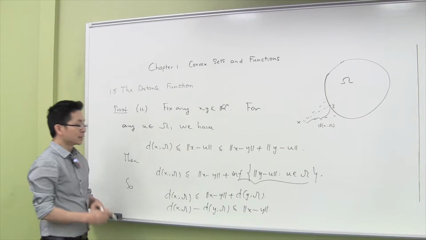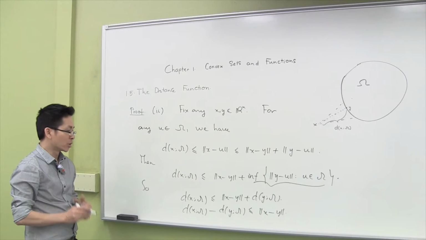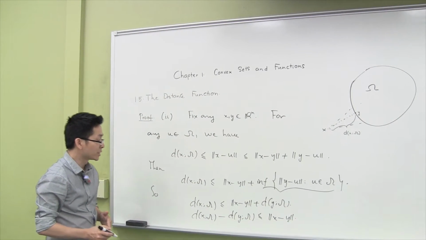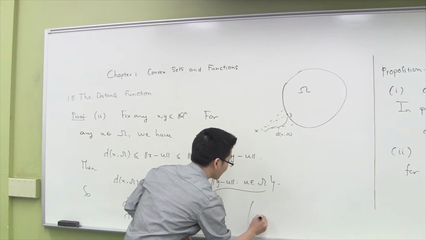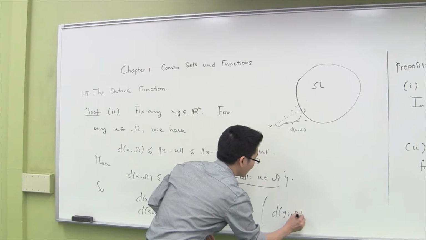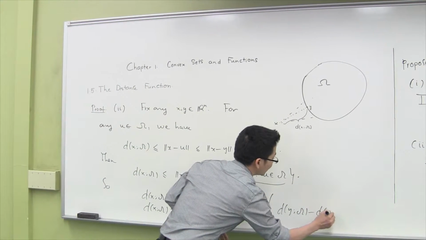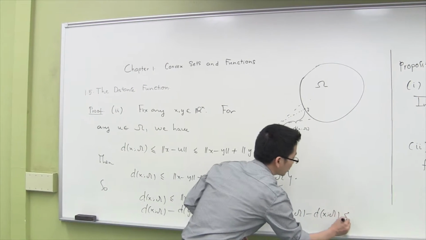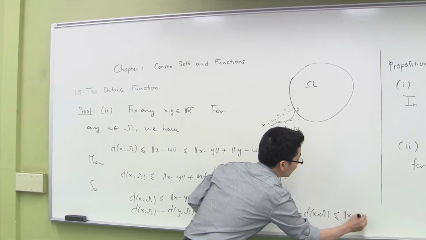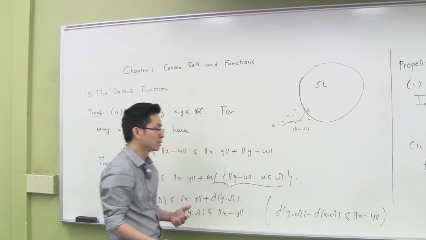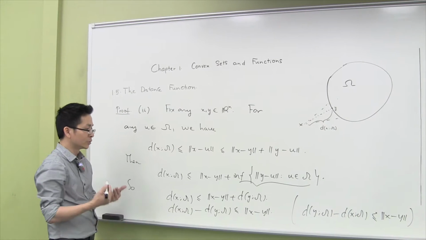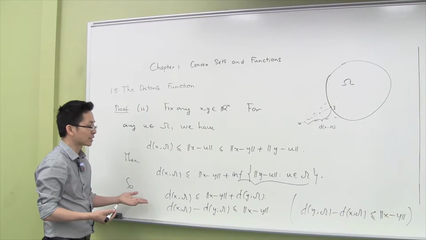Okay. Now, by interchanging the roles of x and y, we also see that the distance from y to omega minus the distance from x to omega is also less than or equal to the Euclidean norm of x minus y, because we only need again to interchange the roles of x and y.